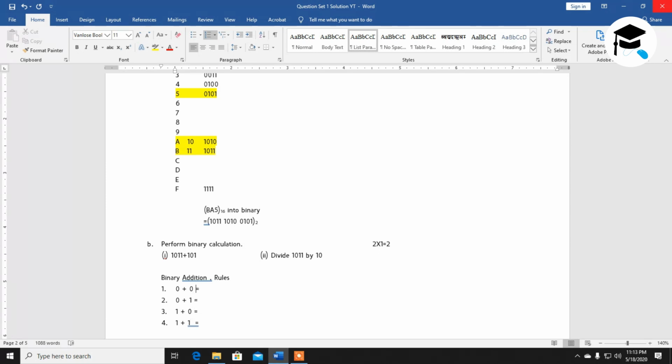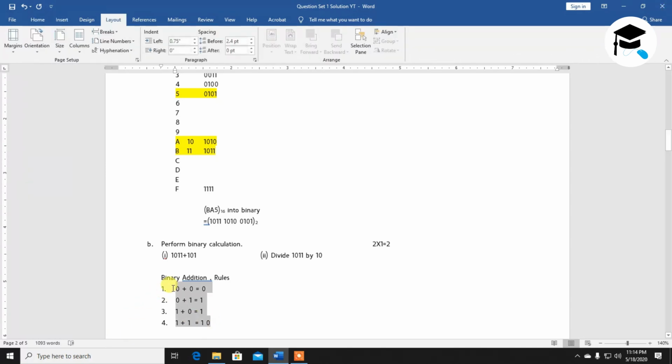Now, when you add 0 plus 0, the result is always 0. Similarly, 0 plus 1 is 1, and 1 plus 0 is also 1. And here you need to take care: 1 plus 1 is 2 in decimal addition, but this is binary. If it is 2 in decimal, we can convert that into binary. What will it be? It will be 10.